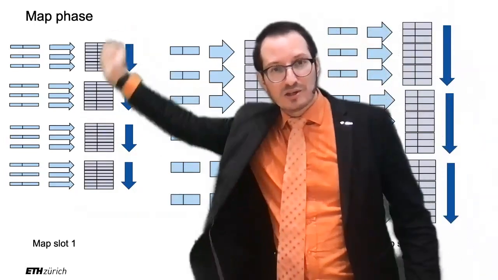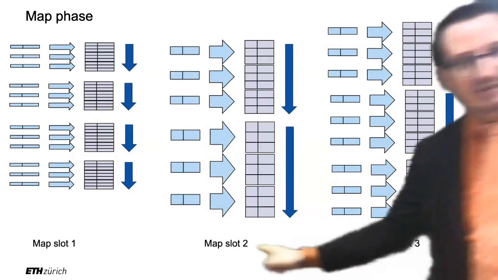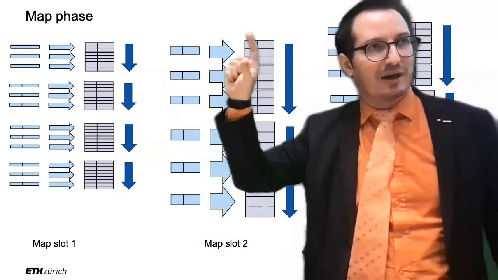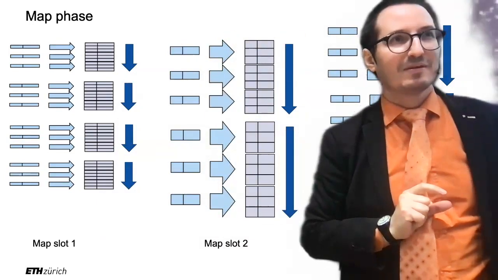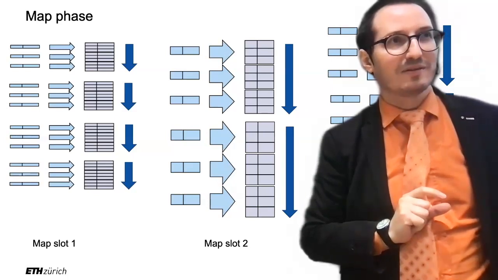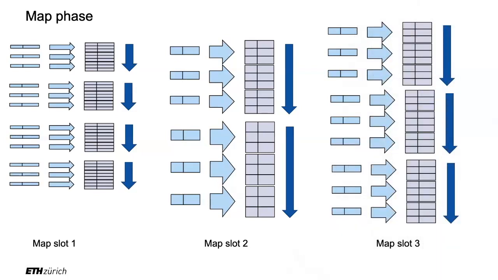But within every slot, it's all sequential. Since we have multiple slots, they work in parallel. These slots are like the people writing the postcards, and the tasks are just the to-dos, the batches of postcards. For whom does that make sense? Who thinks that it's clear now what's going on? It's very important to understand what's sequential and what's parallel. What's parallel is between the slots, but within a slot, it's all sequential.